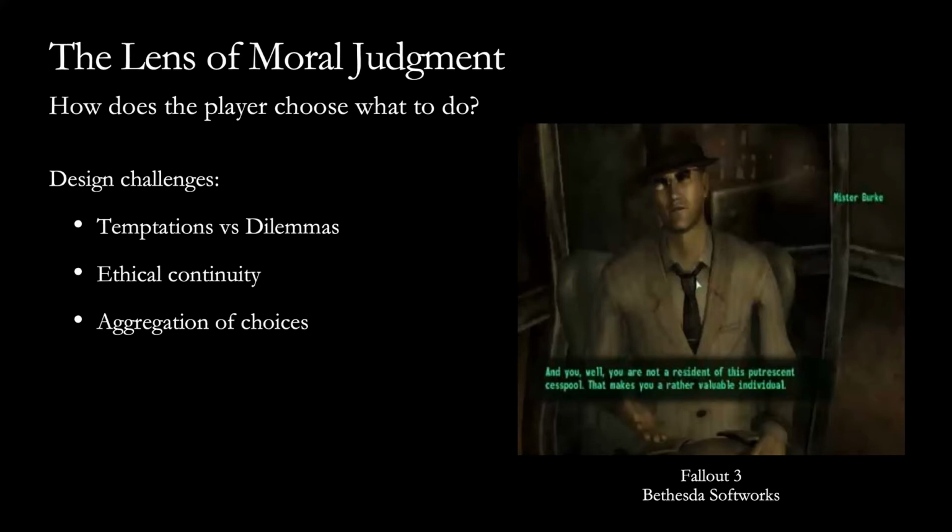And second of all, you want to provide scope for the player to justify to themselves the fact that they're doing the wrong thing. The Megaton temptation in Fallout 3 is not a very good example of this because honestly, it's really difficult to somehow justify to yourself that you're blowing up a town full of innocent people.